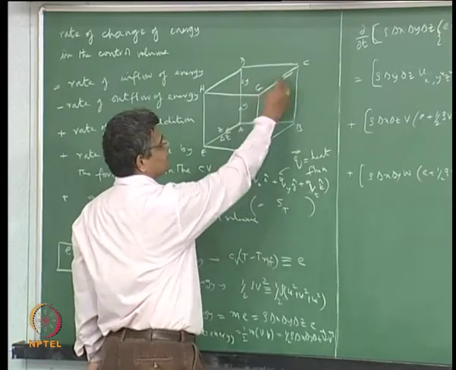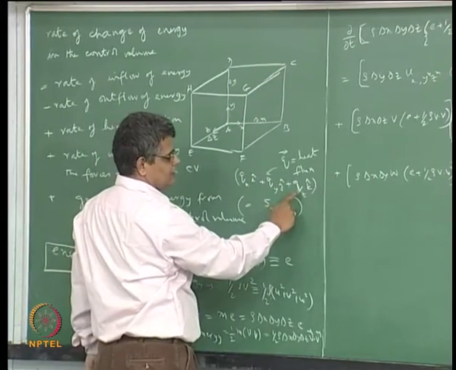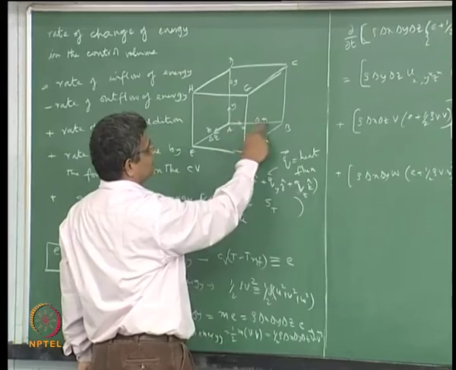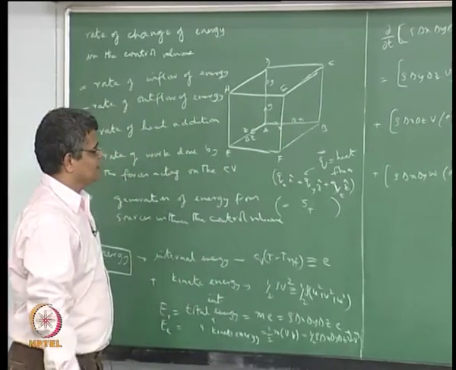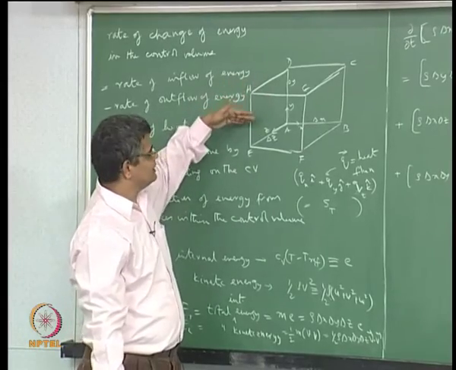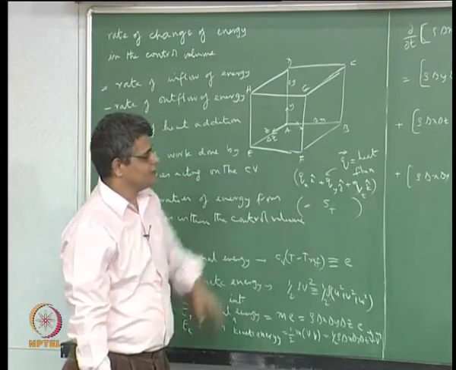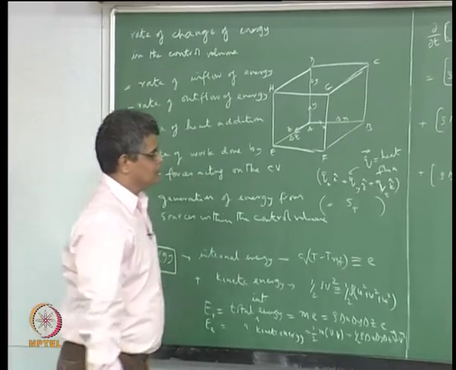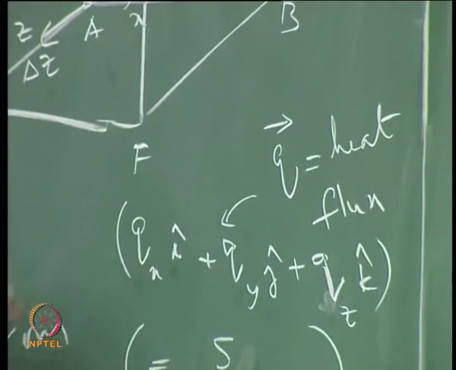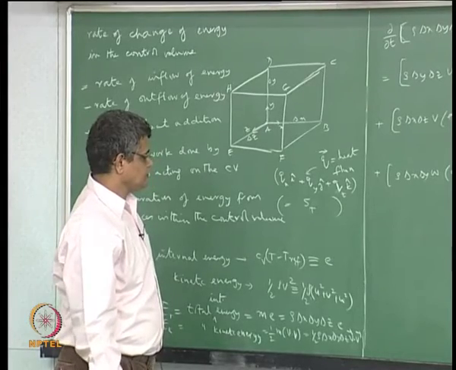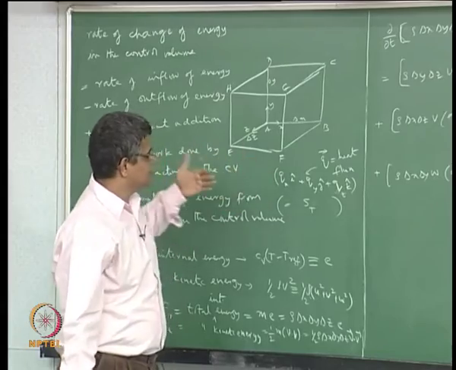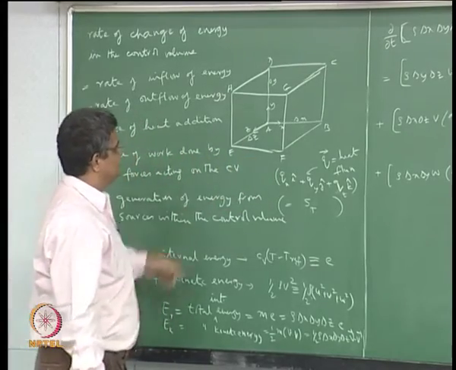And for a front face or the back face, we take the Qz component of this and then multiply by the corresponding area, which is delta x times delta y. So because we have taken the faces to coincide with coordinate directions, the evaluation of this term will be simplified. So by definition, Qx positive means that the flux is in the x direction.